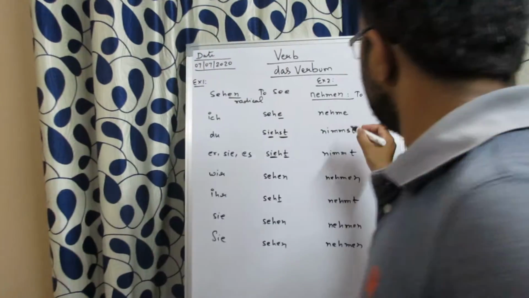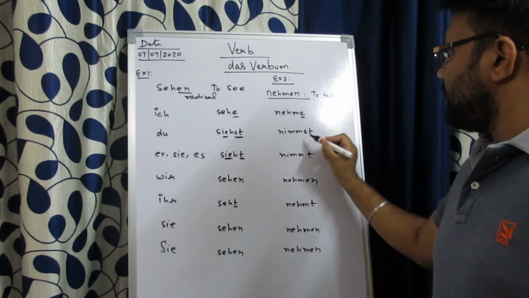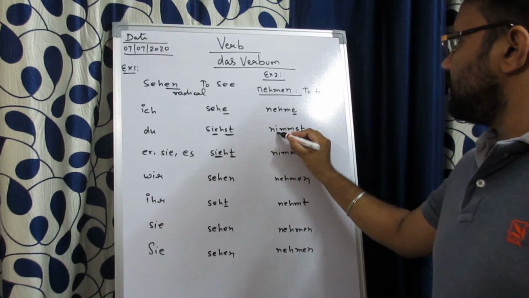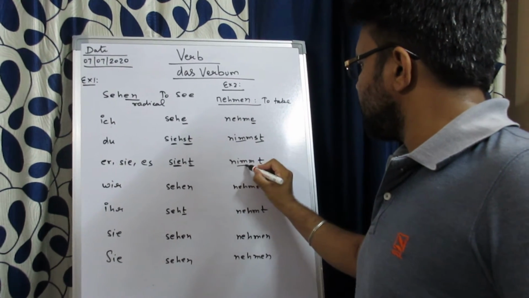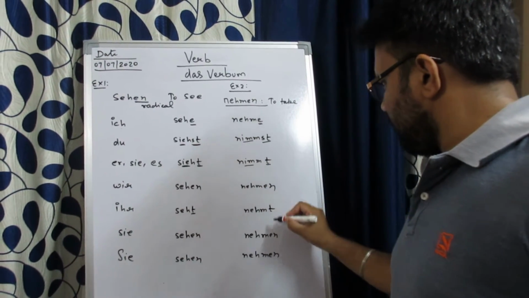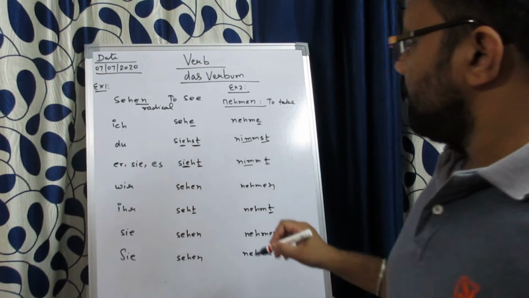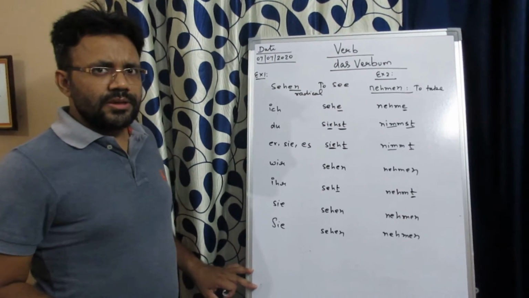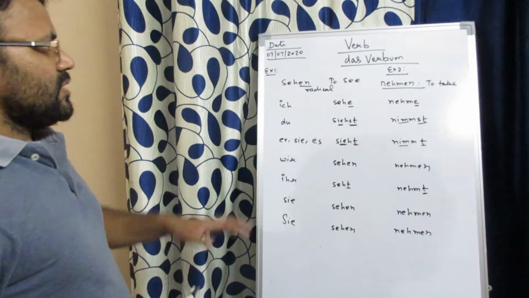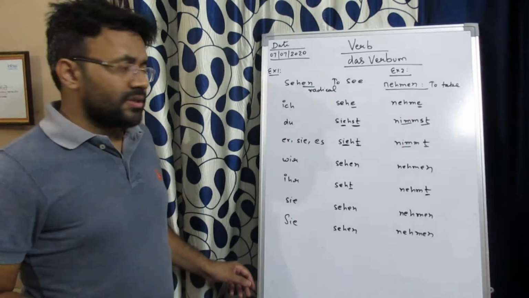Now coming to this one, here is a change, this is a change, again this is a change, no change, this is a change. So you may write this down, or you may take a snapshot of these two examples. And now I am giving one speaking practice.